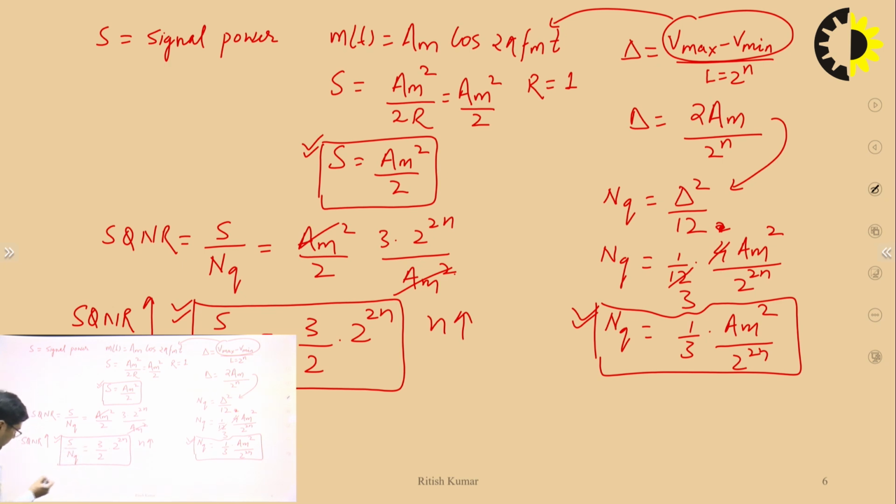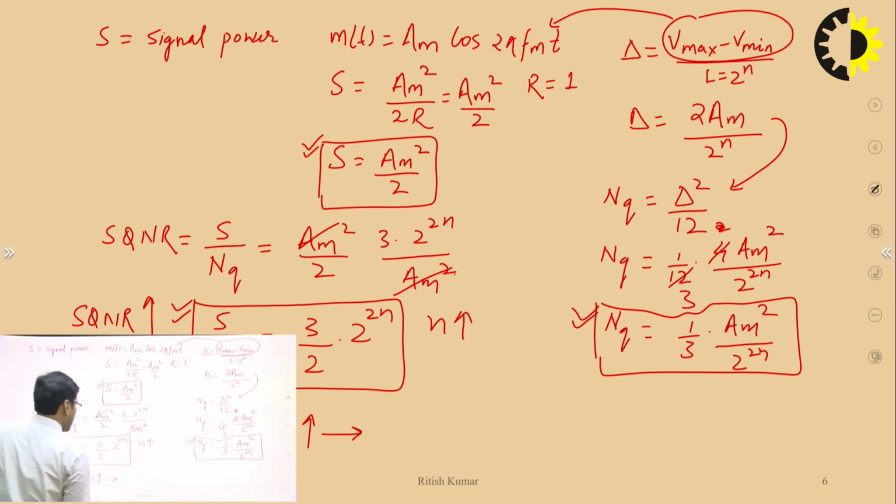So you can clearly see here, as I stated earlier, that to reduce the quantization error, you have to reduce the step size, for which you have to increase the number of bits.